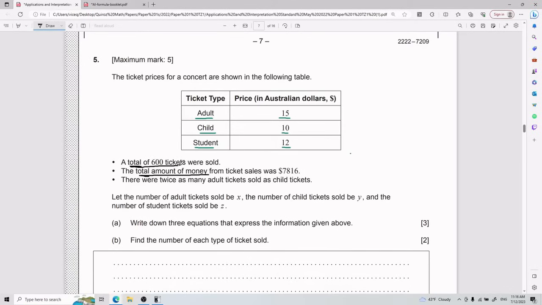So we have total tickets, total money, and also that lastly there were twice as many adult tickets sold as child tickets. They tell us that we need to let the number of adult tickets sold be X, the number of child tickets sold be Y, and the number of student tickets sold to be Z.